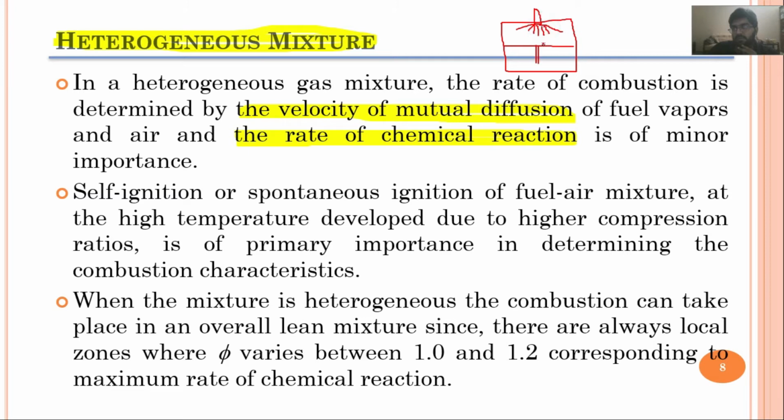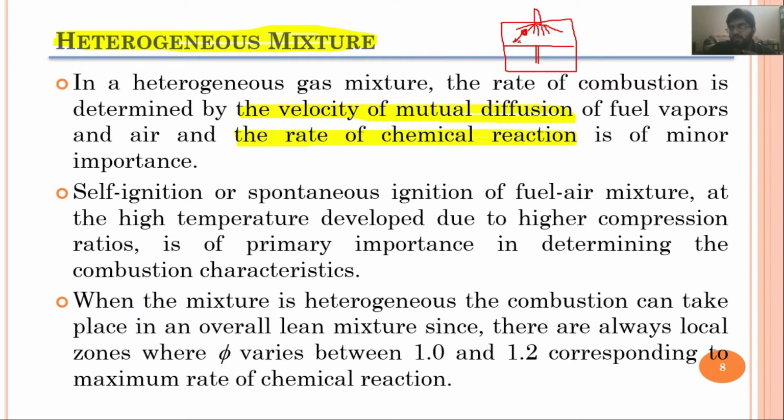So what will happen here is that the combustion rate here will depend upon the diffusion of these combusted particles. For example, the combustion at this spot has started, but the combustion here hasn't started yet. So the combustion at this point will start because of the diffusion of these already combusted particles.